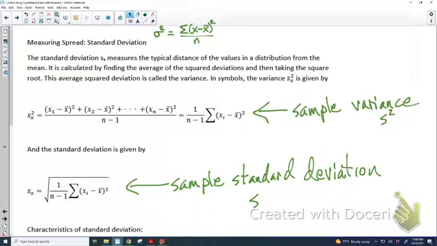And the population, so let's write population variance, and if you square root that number, you get the population standard deviation.